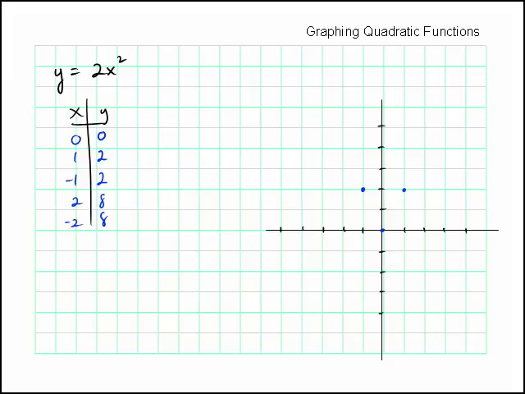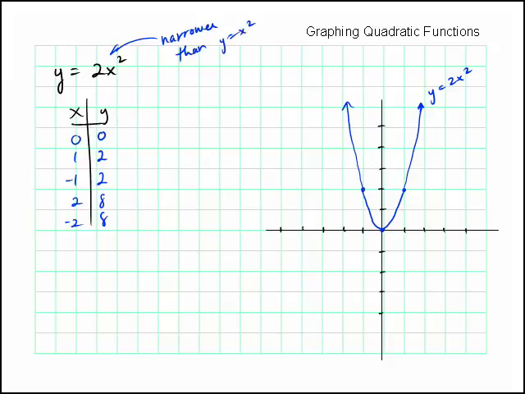And so this parabola goes up very fast, and it is skinnier than y equals x squared, narrower than y equals x squared.